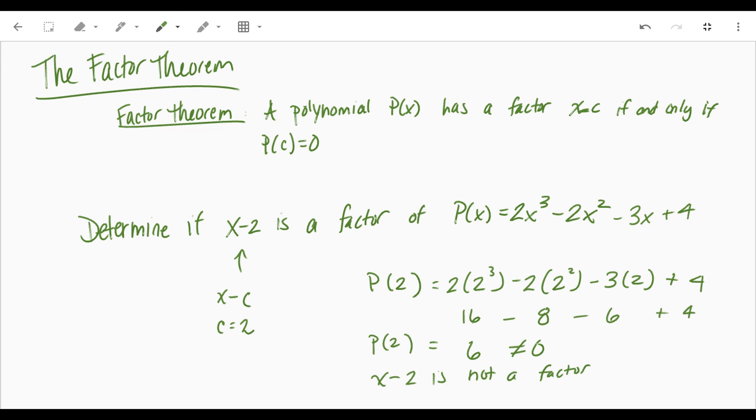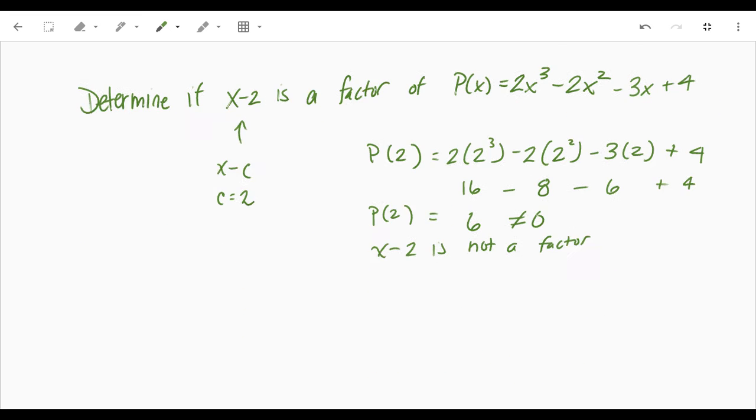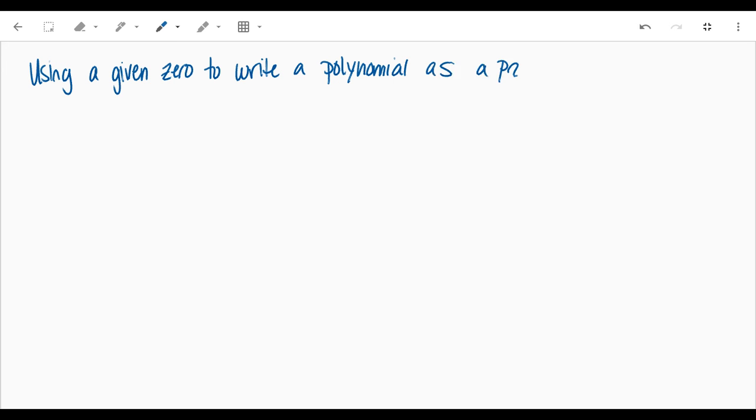All right, those are two interesting little theorems here. Next one, and this next one you did do in Algebra 2: using a given 0 to write a polynomial as a product of linear factors.